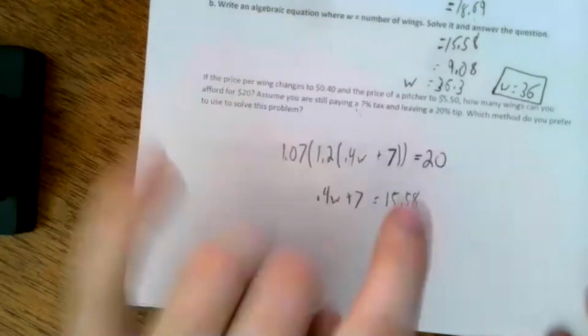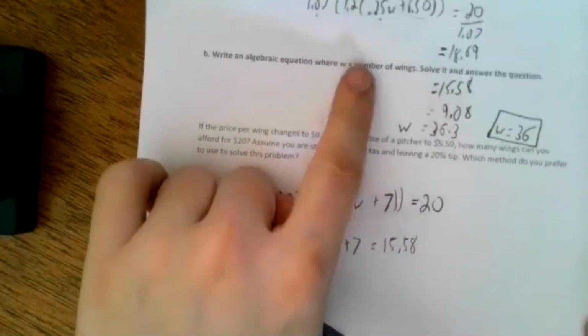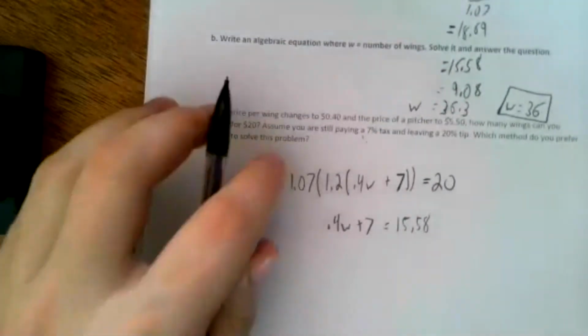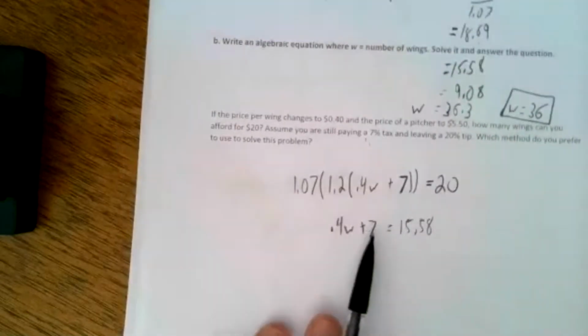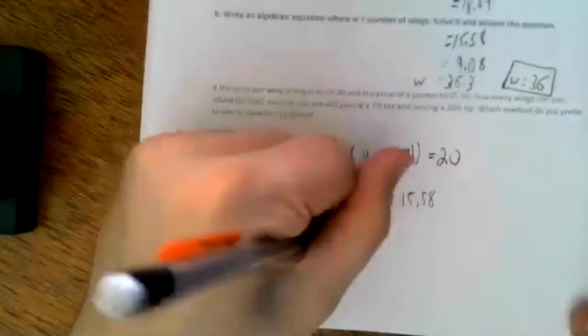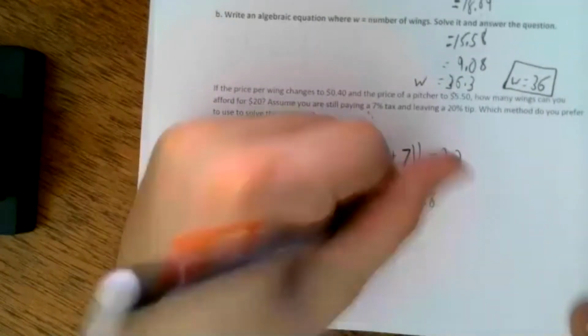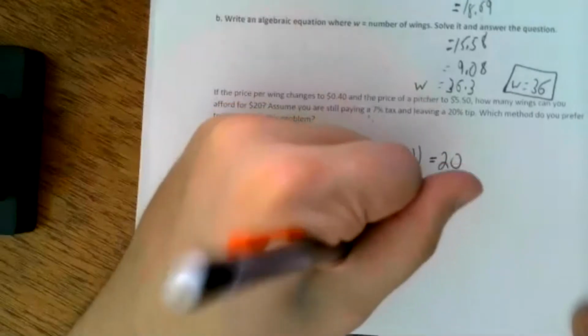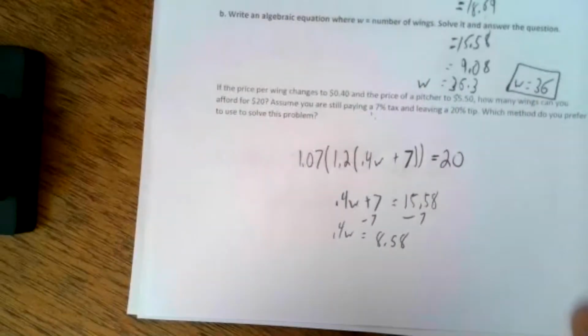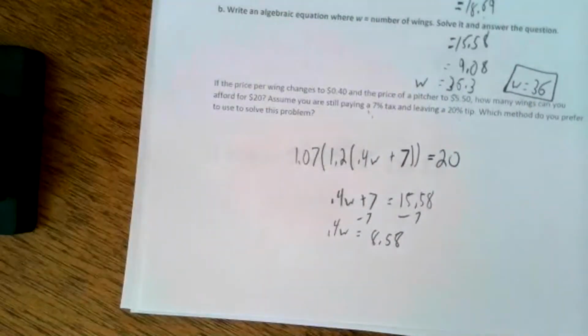Because we're doing the exact same 2 steps as we did on the previous one. But now instead of subtracting 6.50 like we did up here, we're going to subtract 7. So I'm going to say 0.4W equals, so I'm subtracting 7 on both sides. And we should get what, 8.58? Yeah, so we get 8.58.